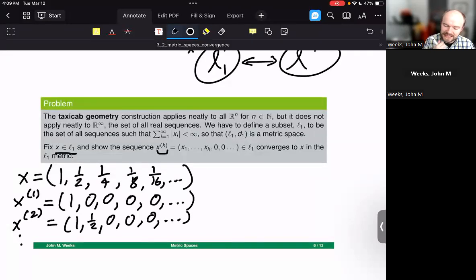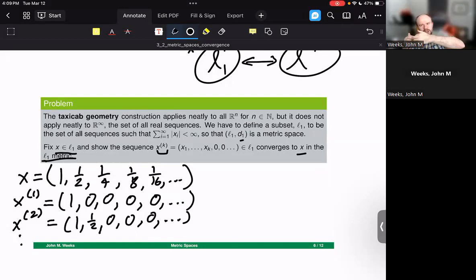And we want to show that this sequence converges to x in the little L1 metric. I give this problem for a couple of reasons. One, we need to get used to this little L1 metric, which is the D1 metric that I've been referencing from before. And two, this is a sequence of sequences. That's a little bit tricky to get your head around. Notice that's a different type of way you have to think about the problem than in the previous one.